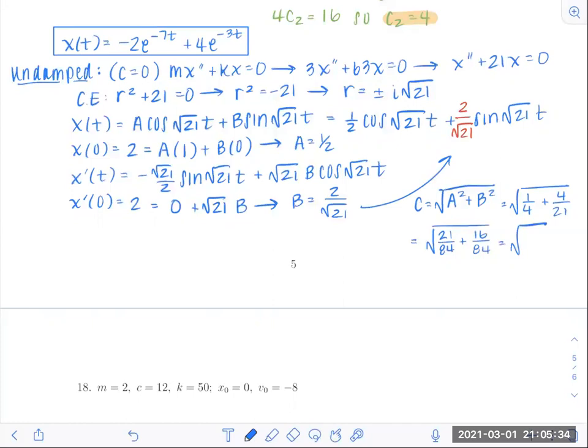A 37 over 84. Okay, let's just make sure everything looks good here. Multiplied by 21 over 21 and 4 over 4. Added those up.